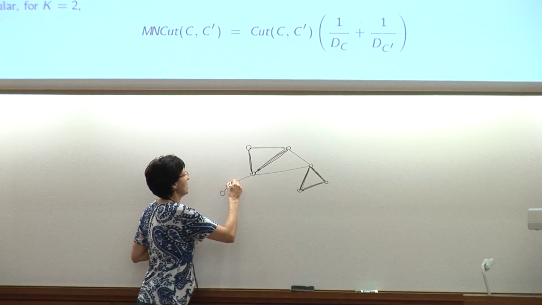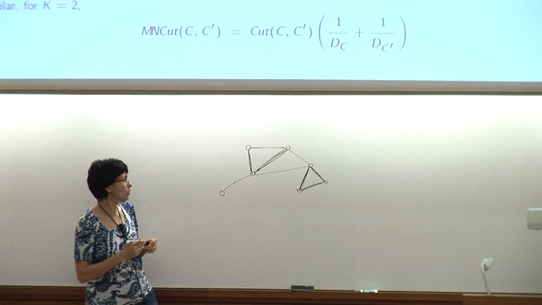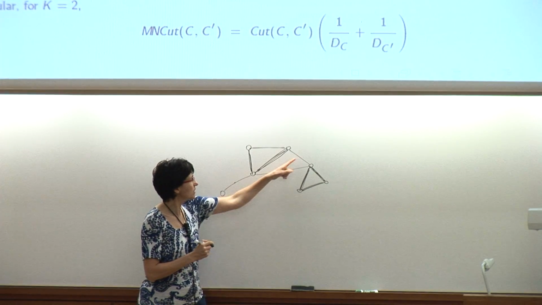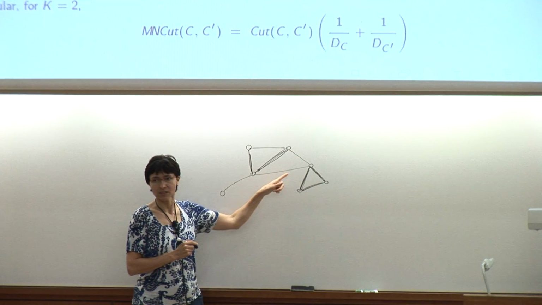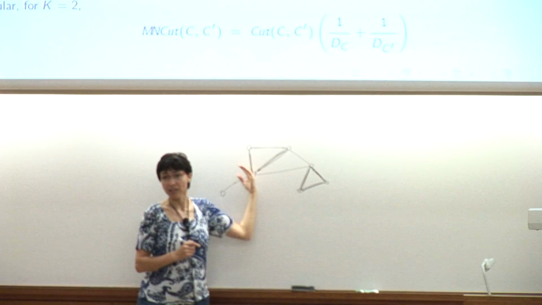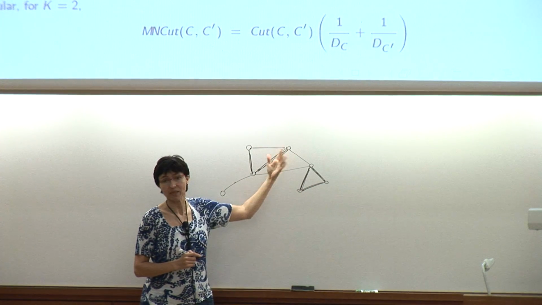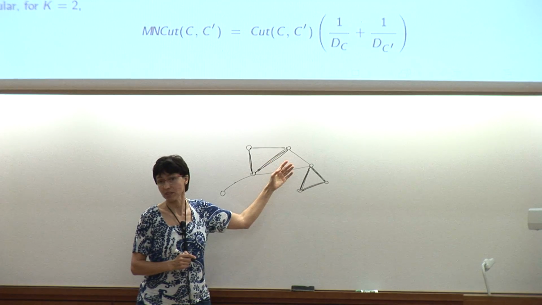Whereas the minimum normalized cut, if I want to break the graph into two, the normalized cut will say, well, this is a cut that's slightly larger, but it leaves two clusters of large size on each side. Therefore, it does minimize the normalized cut on this graph.